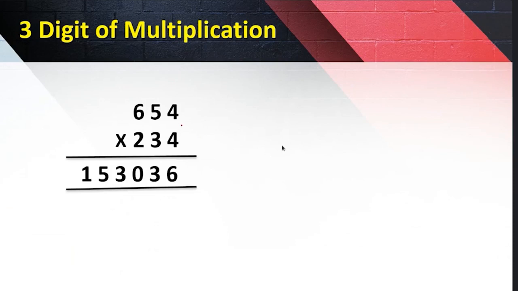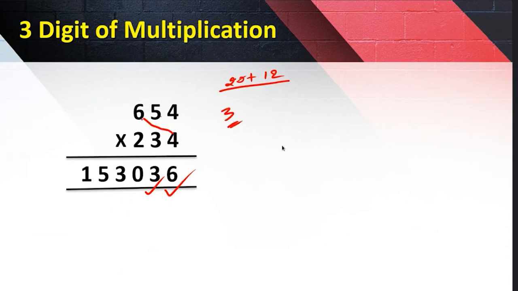Tell me, what is the first step? 4 fours are 16, 6 and 1 carry. Now 4 fives are 20, and 20 plus 12, 32 plus 1, 33. This is completed now. 3 is carrying.